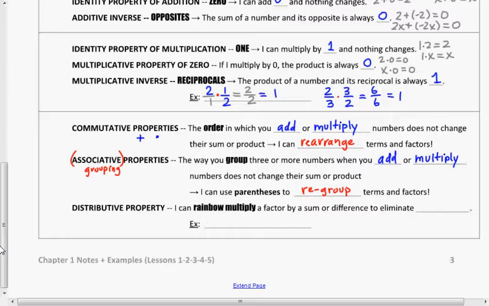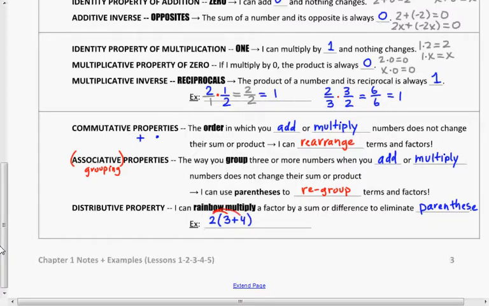And then the distributive property, I can rainbow multiply a factor by a sum or difference to eliminate parentheses. So you've used the distributive property before. What I'll show you with numbers as an example here. Let's do 2 times 3 plus 4. We know that's 2 times 7, so the answer is 14.